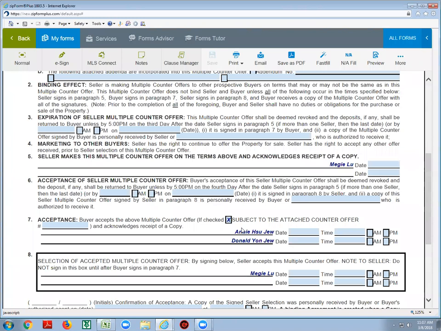It doesn't matter buyer or seller, they can change. And if the seller counters using a seller multiple counter, well, if you really want to fight with the seller, fine. But you may delay the whole process, because they may counter two different buyers, and some of them just sign it back.